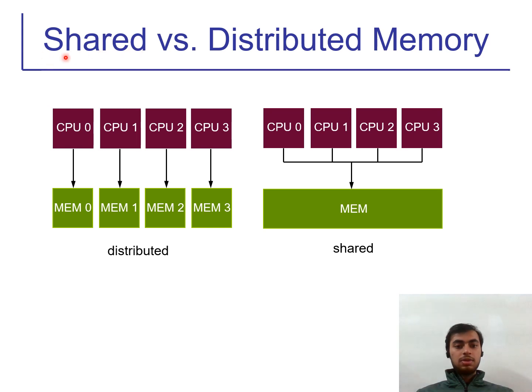This is the diagram showing the difference between shared versus distributed memory. In distributed memory, every different processor utilizes different memory, and in shared memory every processor shares one memory.